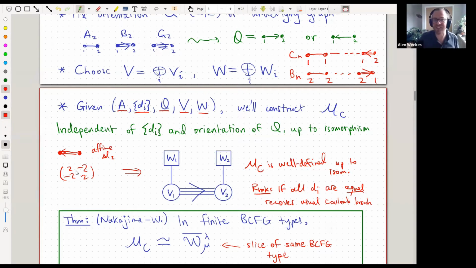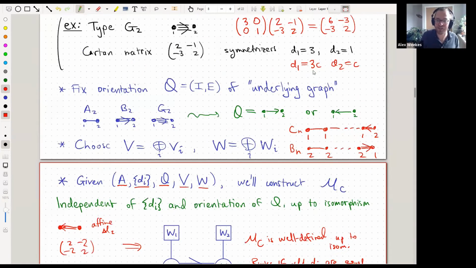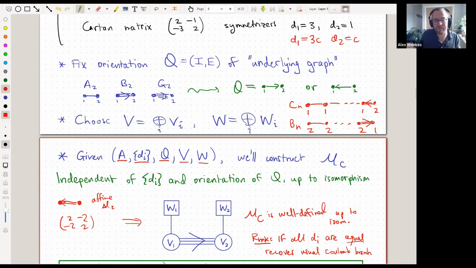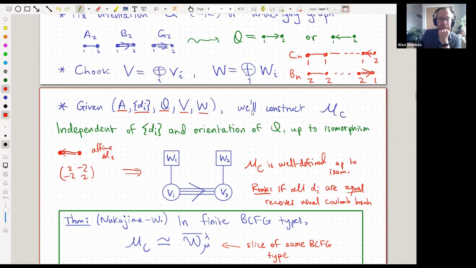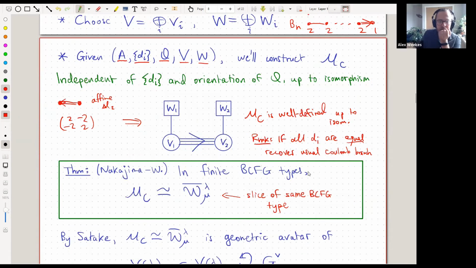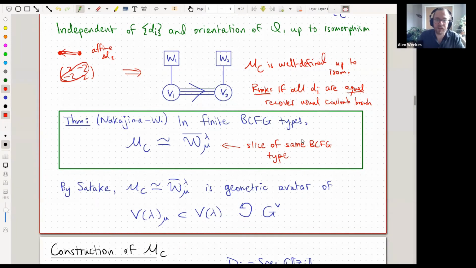So yes, I was going to gloss over that point, but that's a great question. So there is some meaning of edge multiplicity here, but I'm sort of ignoring it. Maybe another way to say it is when I say underlying graph, I'm just sweeping under the rug that it may include multiple edges. But if we're happy talking about type G2, for example, there is no multiple edge. It's simply a single edge. So in general, as I said, it should be the GCD of these entries, many edges. I hope that sort of clarifies a little.